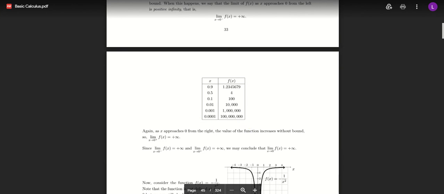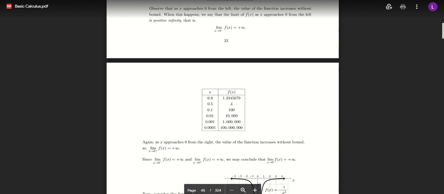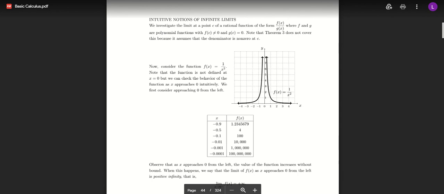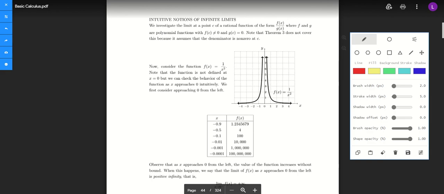So, review lang natin konti yung graph and tingnan natin kung ano naman yung right-hand limit based from the graph. So, parang same lang din naman. You'll start to the right, going to the left. But you'll notice that as you get closer to the zero from the right, it goes up.